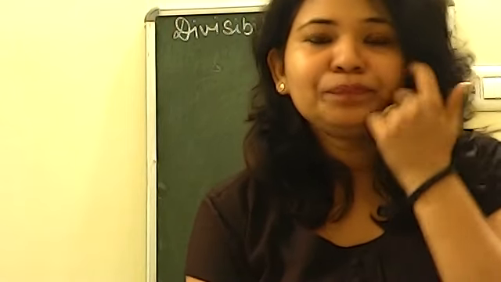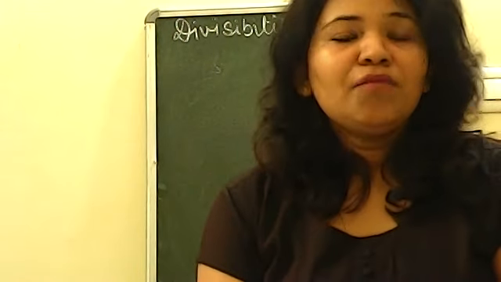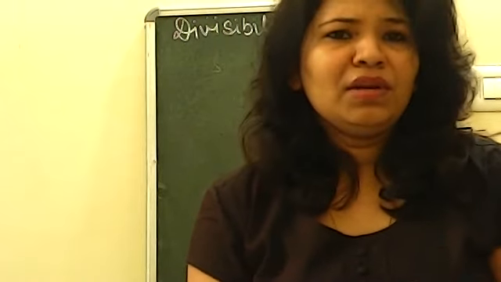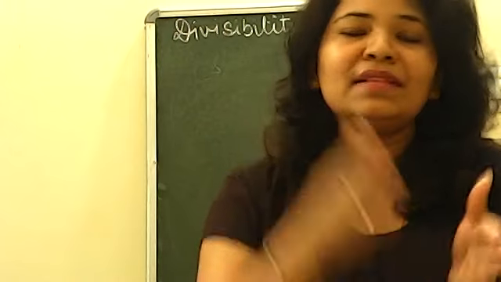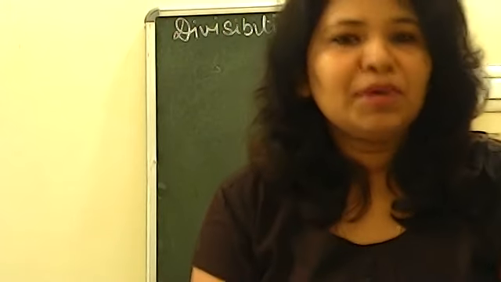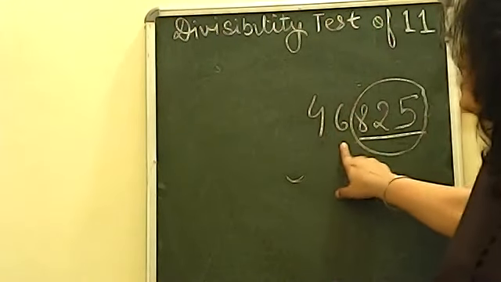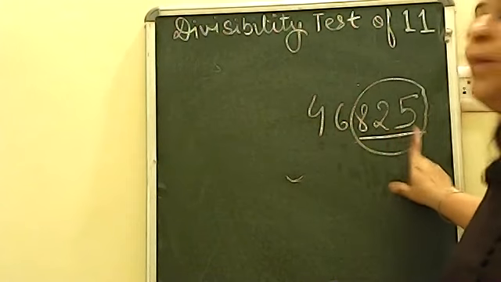Then next we did the divisibility rule of 9. What was there in the divisibility rule of 9, beta? It was just similar to 3 only. You have to take the sum of the digits of that particular number. For example, if I talk about this particular number, then you have to do 4 plus 6 plus 8 plus 2 plus 5.